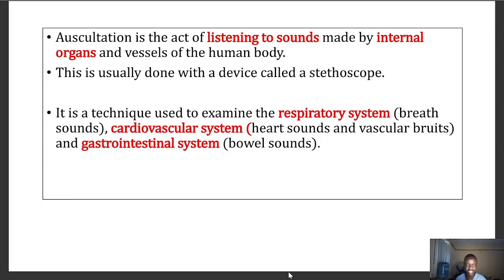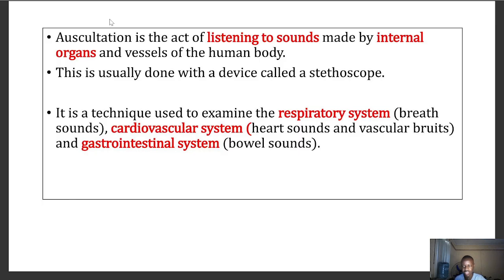To listen to them, we do auscultation as a way of gathering information. So don't forget that auscultation is an act of listening to sounds made by internal organs and vessels of the human body. So how do we do this auscultation?